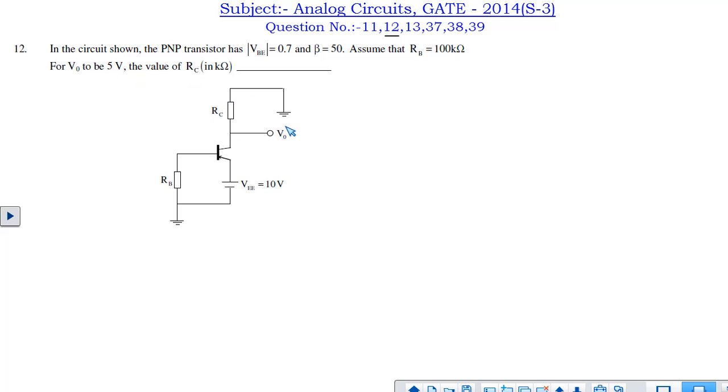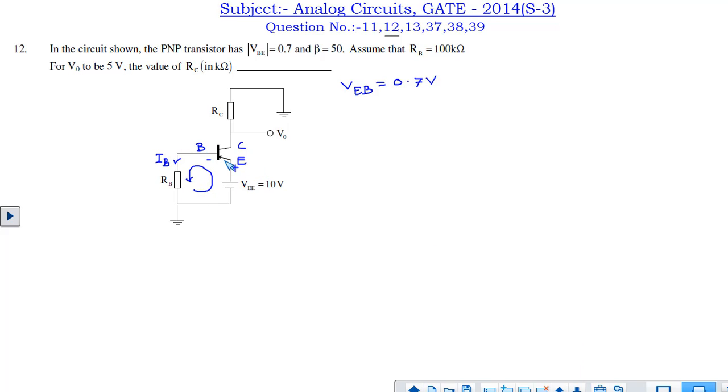If we name the terminals, this is base, this is collector, this is emitter, and VEB is equal to 0.7 volt. If we write in terms of VBE, it should be minus 0.7 volt. In the question it is given in magnitude form. So here VEB is equal to 0.7 volt.